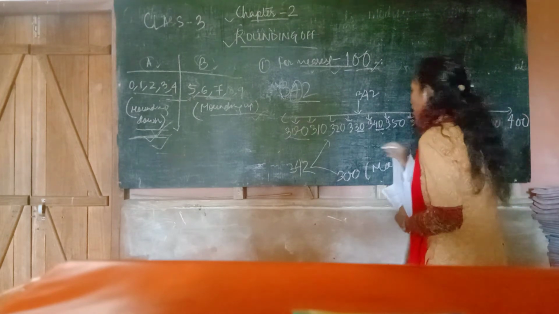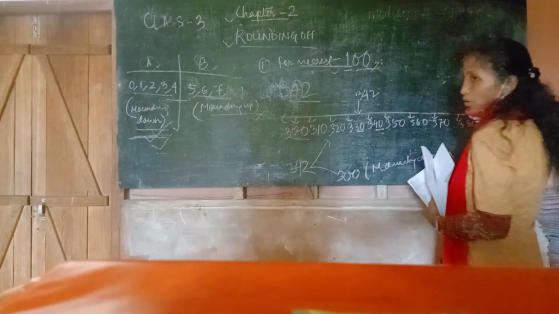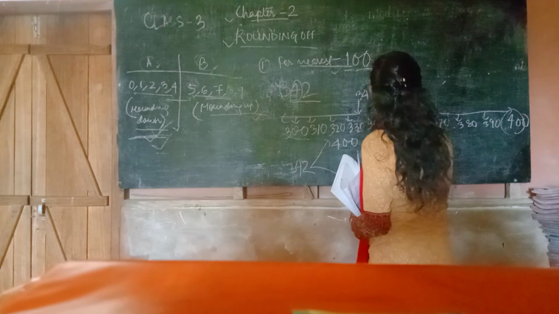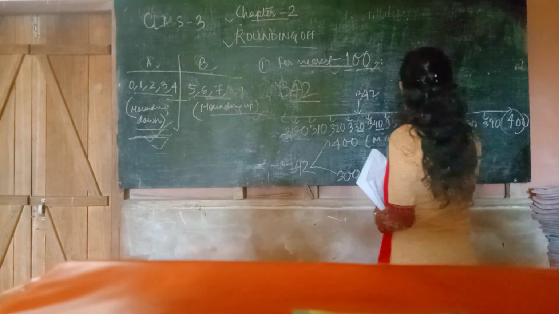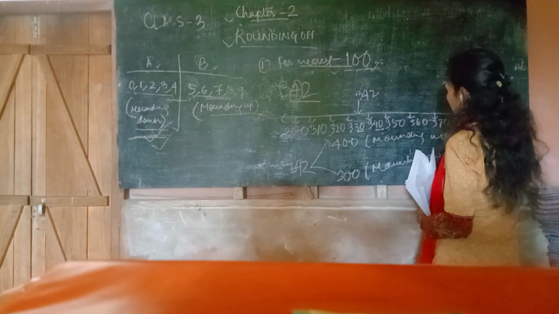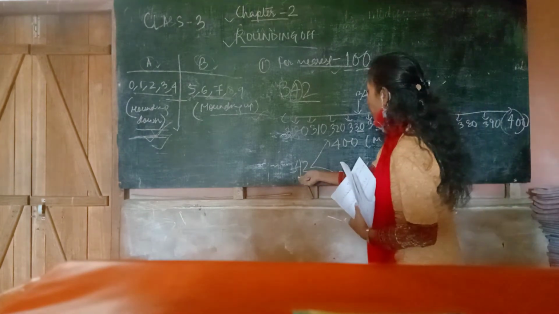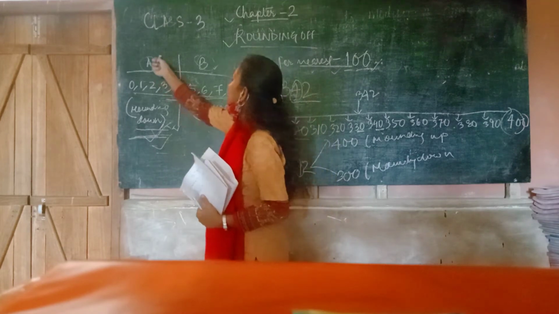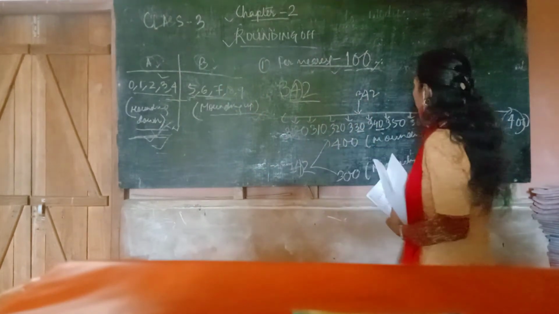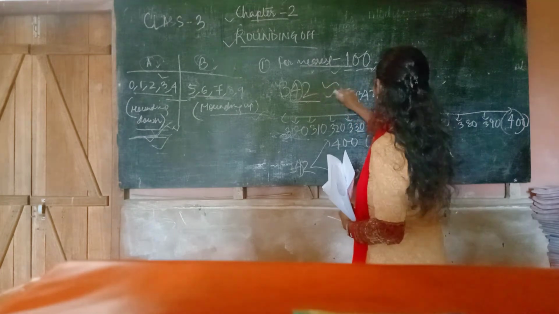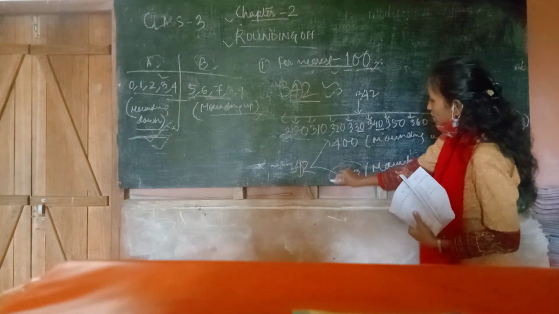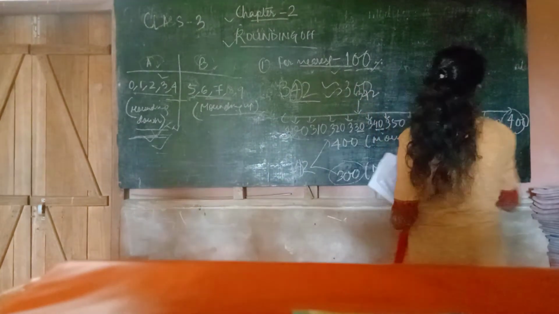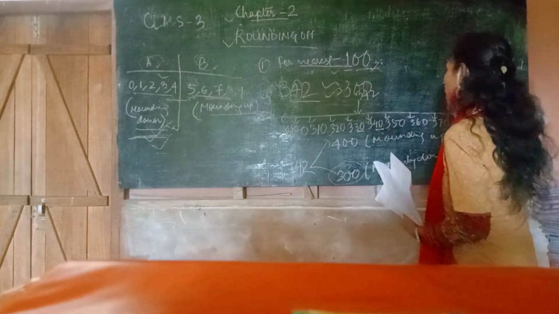And the highest number is 400, that is rounding up. So 4 means rounding down because it is less than 5. So 342 rounded down is the lowest number, 300. So this is for the nearest 100.